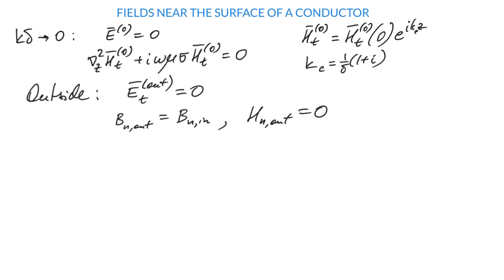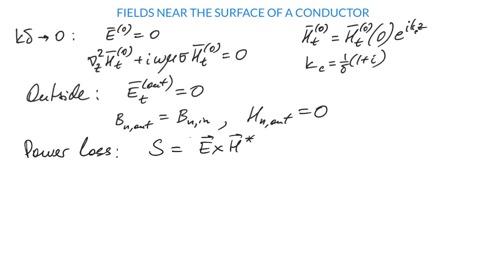So why is that? Well, simply because if the electric field is 0, then the power loss, which is the energy flow through the surface of the conductor, which is given by the Poynting vector, is 0. So we have the Poynting vector, that is E cross H star.